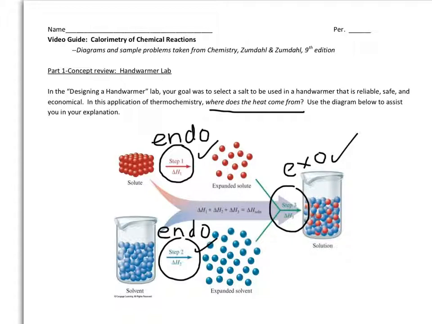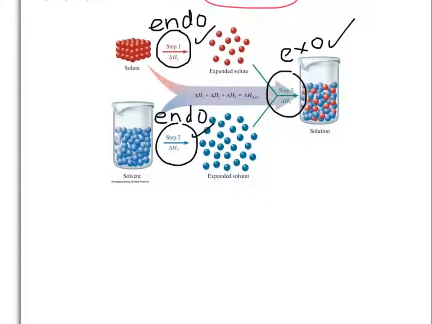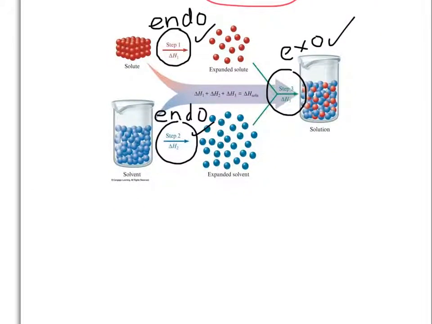Remember that you're trying to answer the question, where does the heat come from in the hand warmer lab? So let's look at this process in terms of comparison of the 3 enthalpy values for the 3 steps. First of all, we have delta H1 and delta H2 for the 2 endothermic parts of the process.